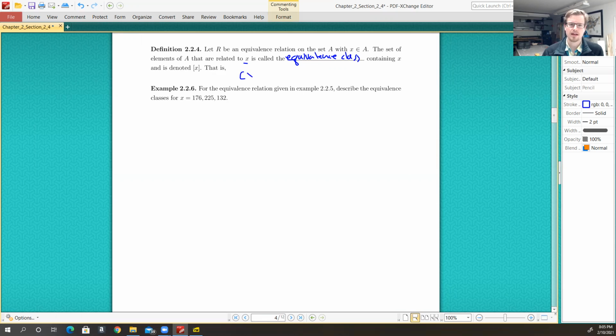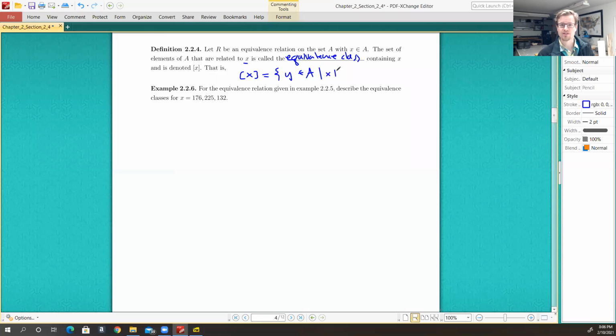And we would say that the class of X is the set of elements Y belonging to A such that X is related to Y. Actually, it doesn't matter. If we have an equivalence relation, order doesn't matter.